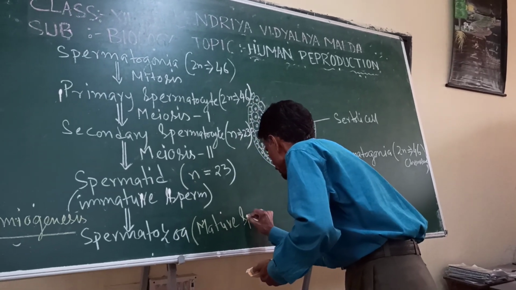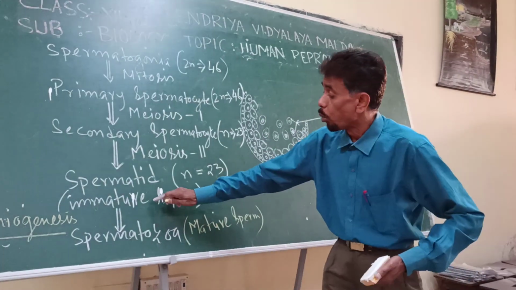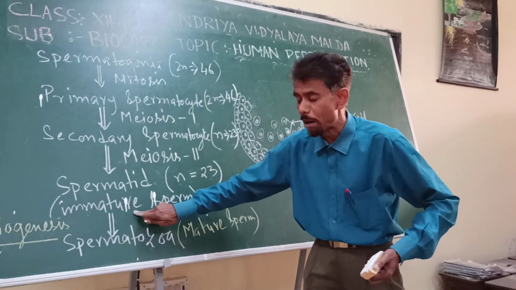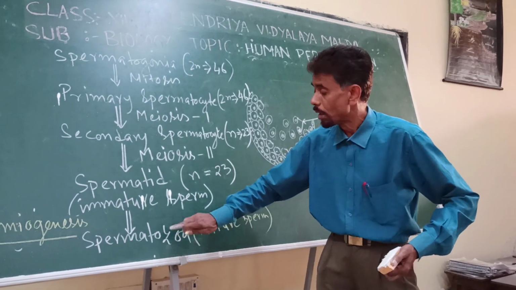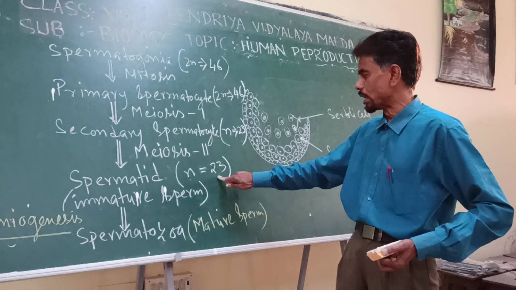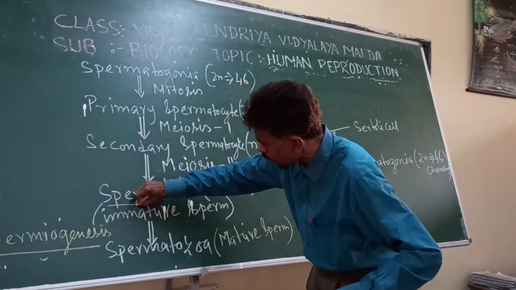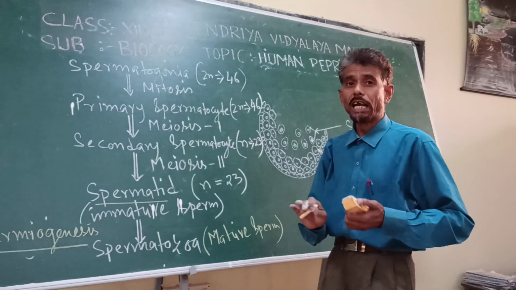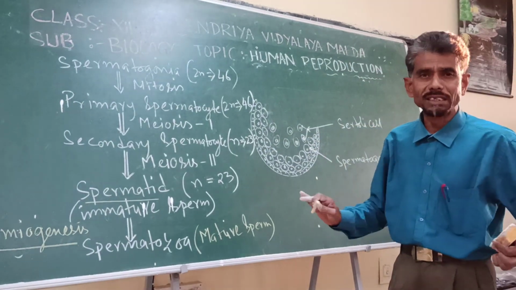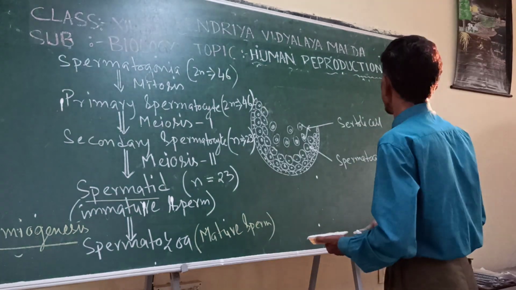Now the question is, how does the immature sperm get converted into mature sperm? By the end of the second meiotic division, when the spermatids form, they do not have any functional tail. How is the tail formed?